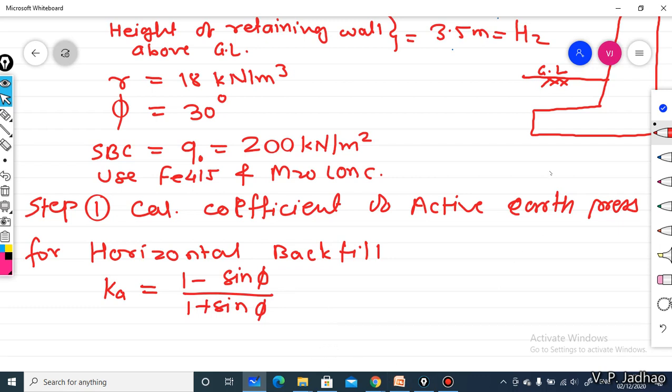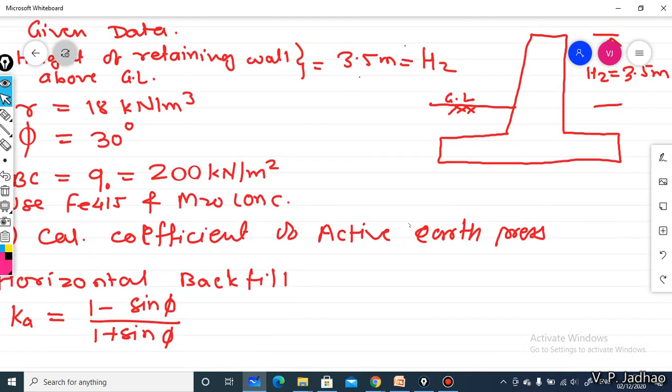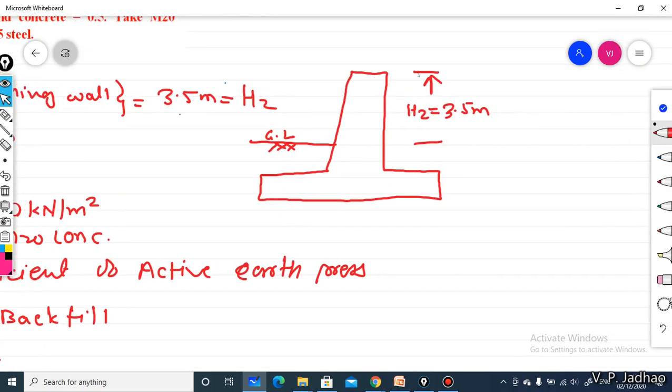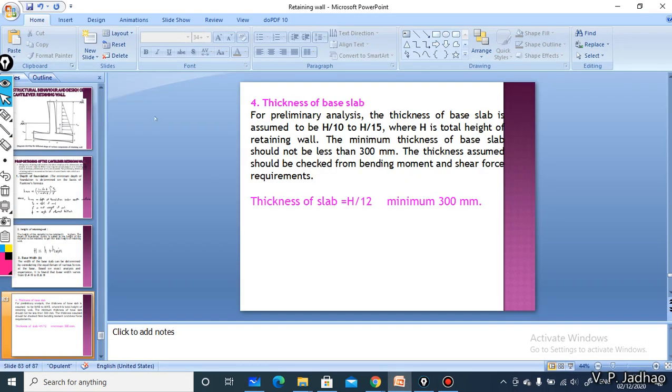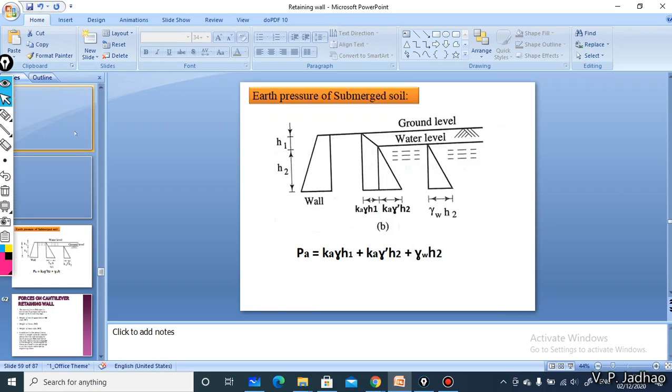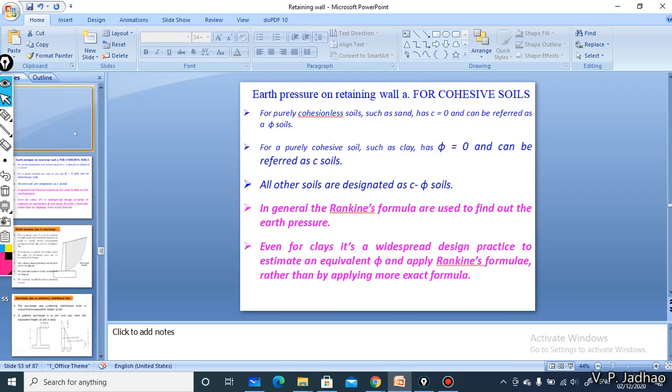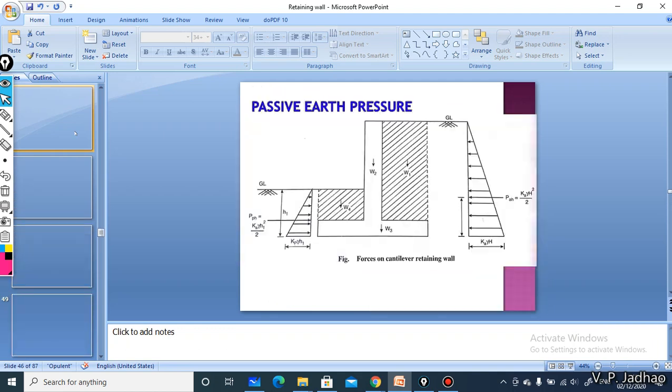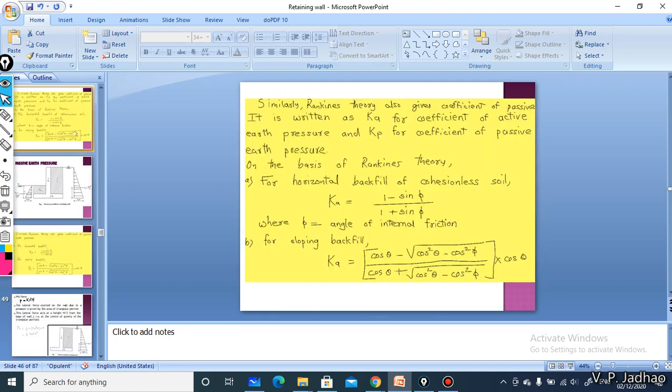Now we can see here the backfill is horizontal. There may be some problems in which the backfill is inclined. If the backfill is inclined, then you have to use the formula for calculating the coefficient of active earth pressure for inclined backfill, and the formula is given like this.